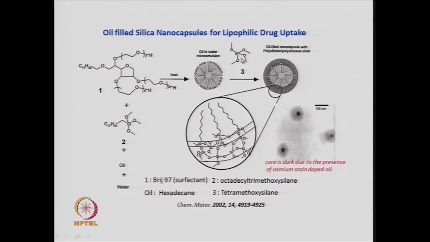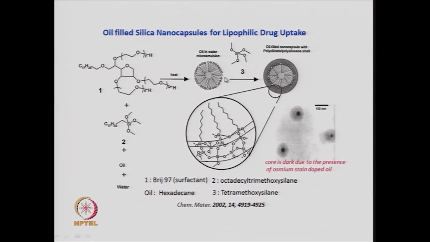Now, you add your TMOS material, this silane, and then you get this core shell material with silica on the surface. So, silica will bond like this, and you will have a shell of a polysiloxane or polysilicate if you want, and this is filled with oil, and the hydrophobic chains are all pointing inside towards the oil.